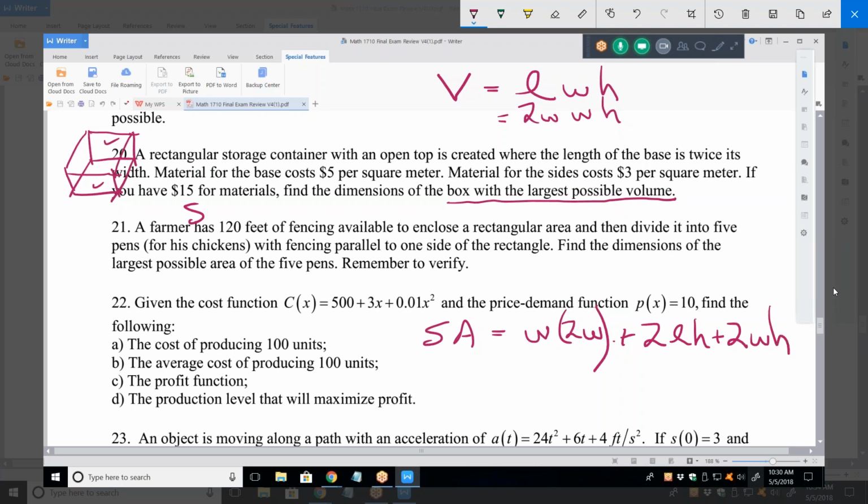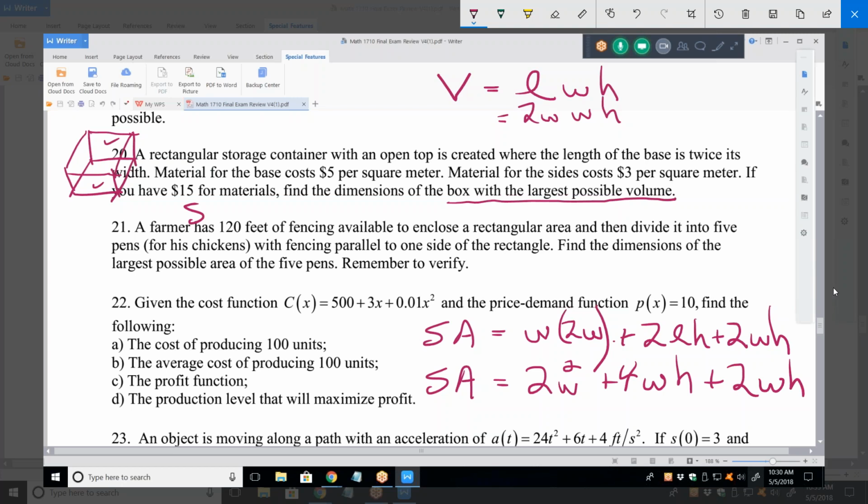And L can always be turned into W. So here's what we got for surface area: 2W squared plus 4WH plus 2WH. That's our total surface area.